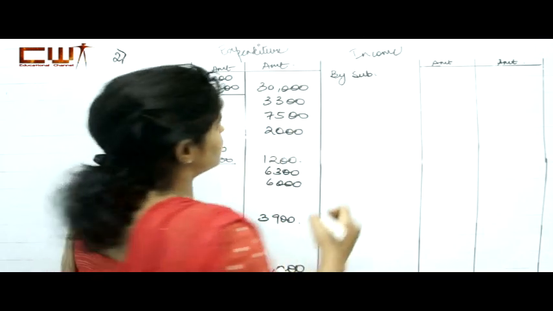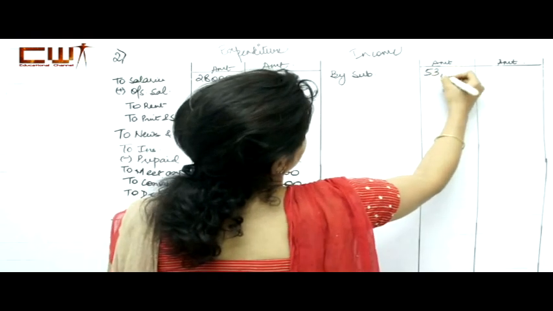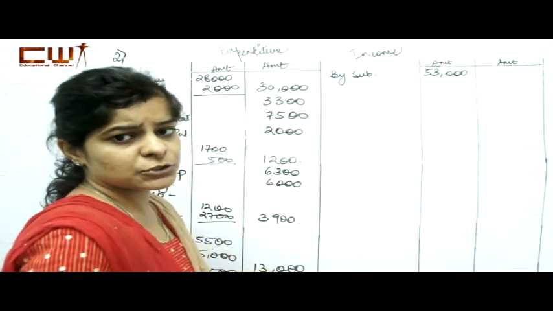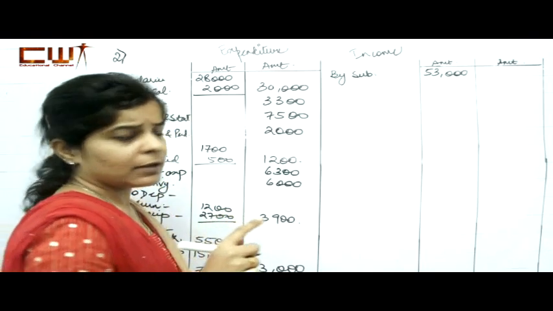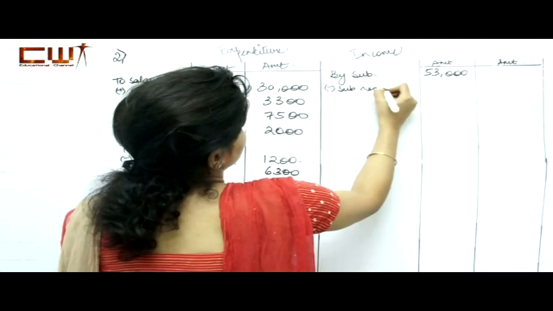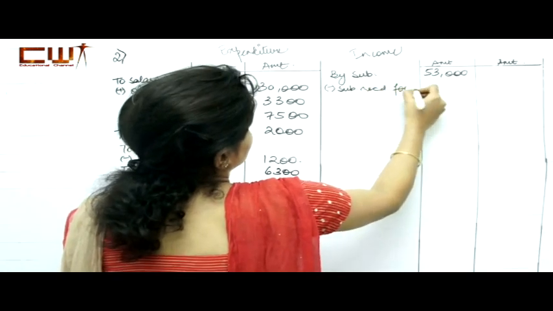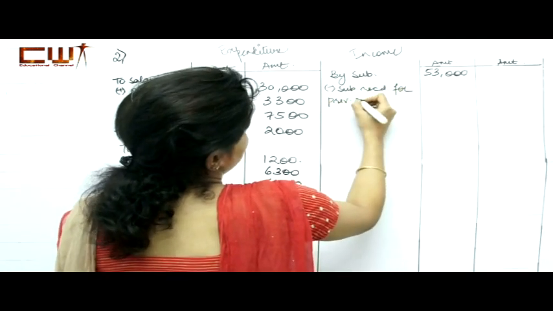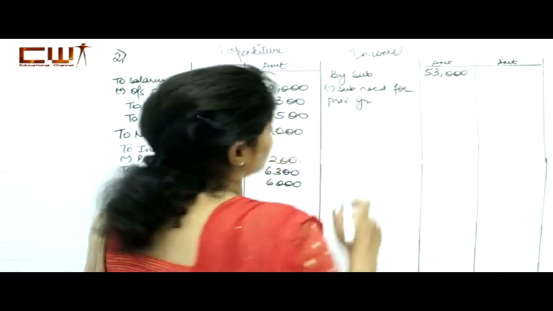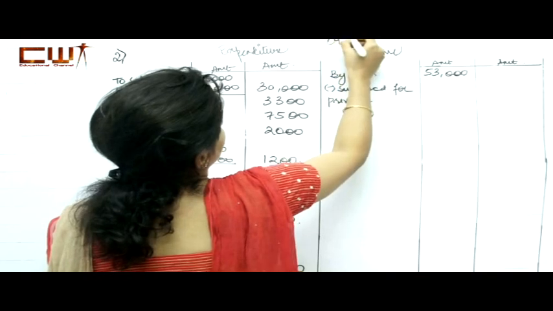Subscription for this year is 53,000, right? Then they have given subscription received for the previous year. See, the previous year will not be recorded. We are making it for this particular year, for 9 and 10.